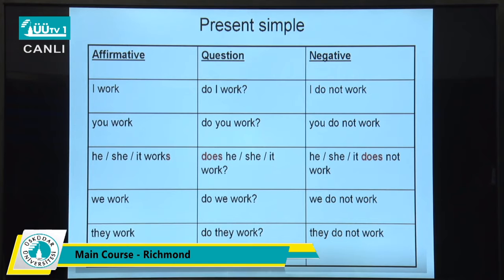So you see, in the positive sentence, we put S to the verb with he, she, and it. But in questions and negative sentences, we don't add the S to the verb because we have does. Let's look at they and we. They do not work. We do not work. There is no change here.